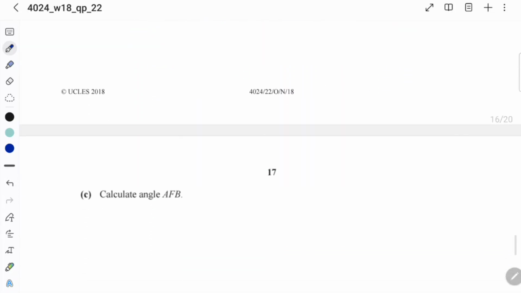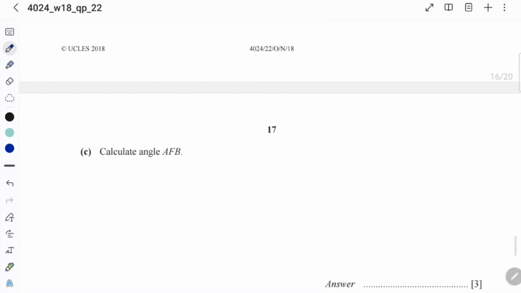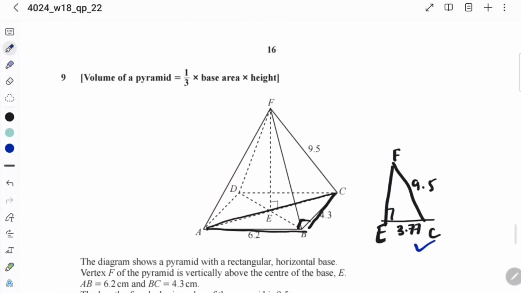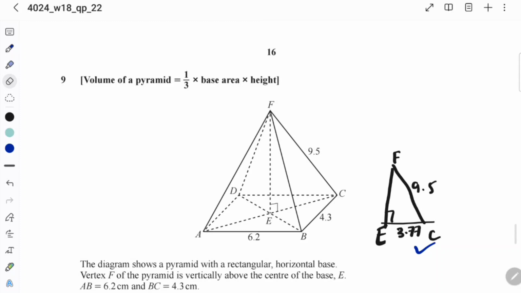Okay, fine. The next part is to calculate the angle AFB. So whenever we look at the angle AFB in this diagram, A to F and F to B, this much, obviously it is also equal to 9.5, and it's also 9.5, and then they are asking you to calculate this angle.